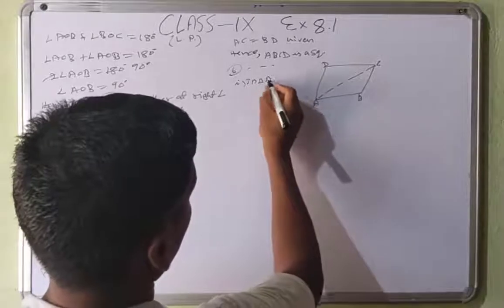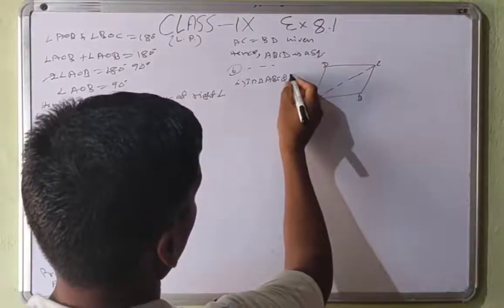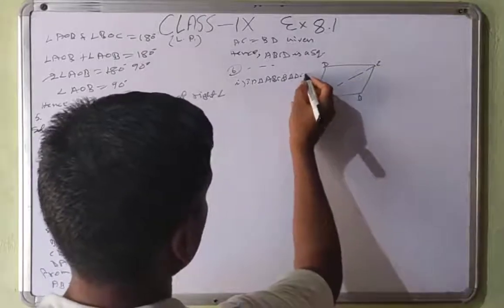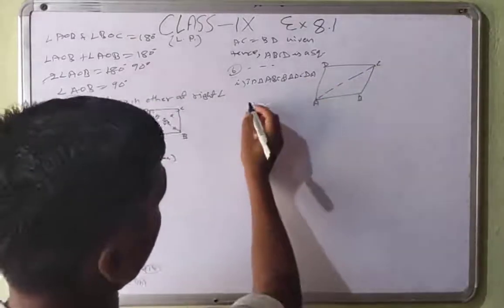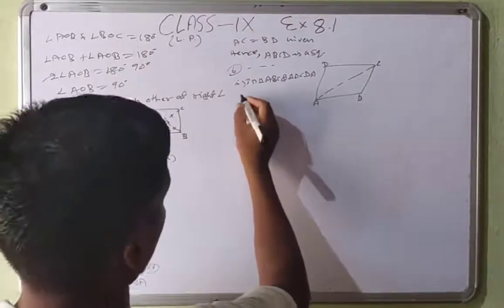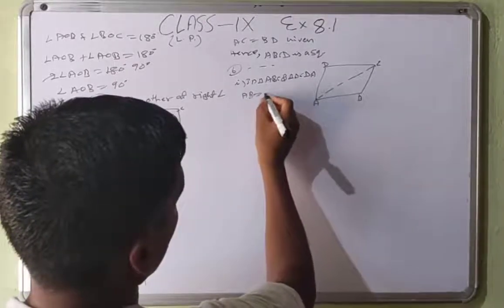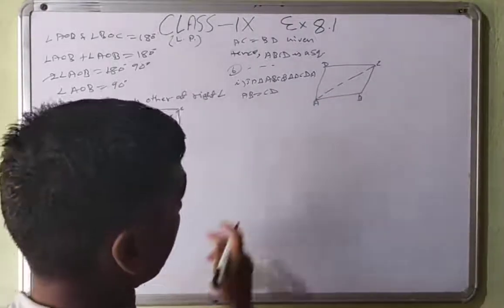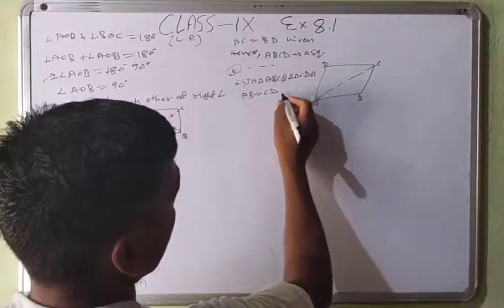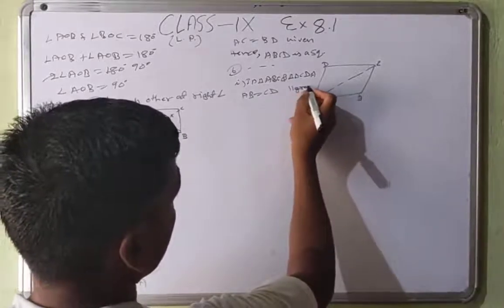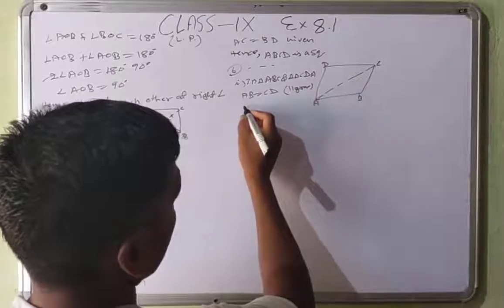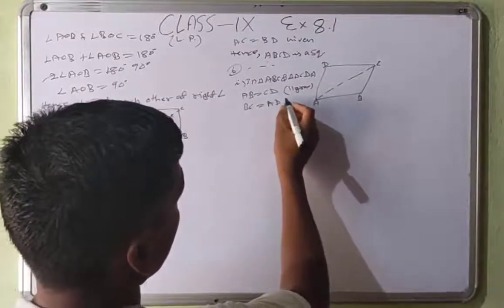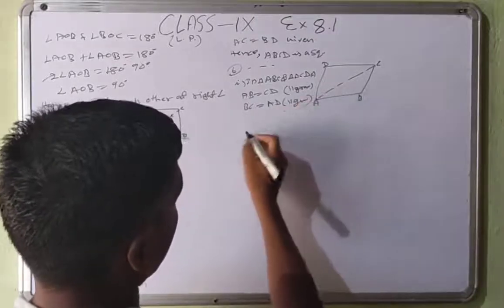In triangle ABC and triangle CDA, that is a parallelogram, so AB is equal to CD, and BC is equal to AD, that's also by parallelogram.